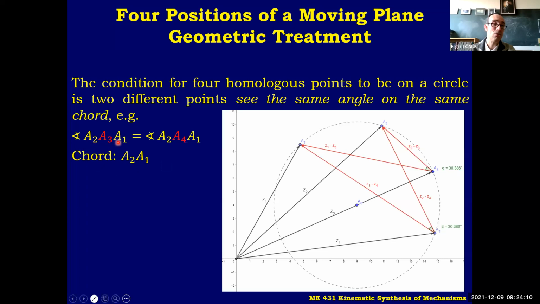And you see A2, A1, A2, A1 in my angle, and in one, it is A3 is the corner, in the other A4. So A2, A3, A1 is a counterclockwise rotation.